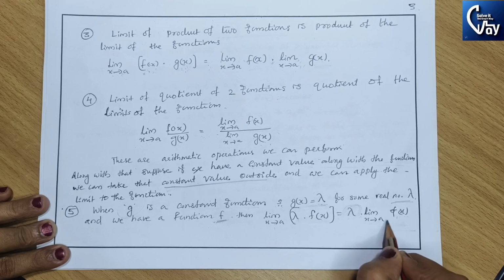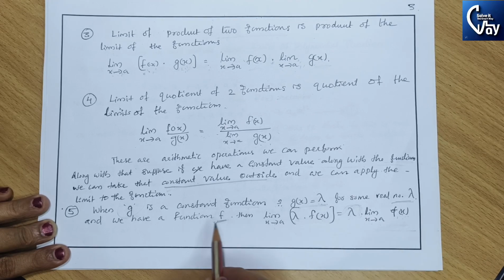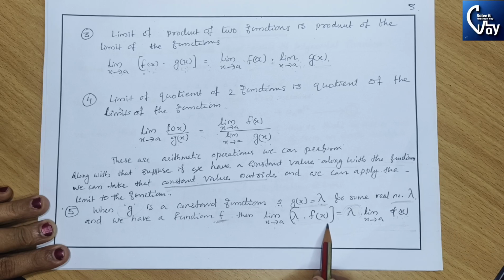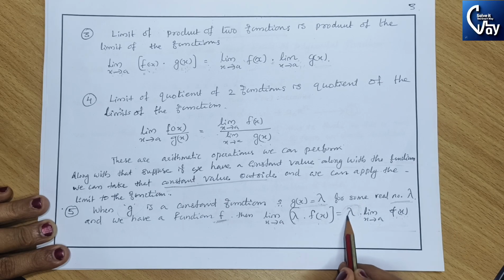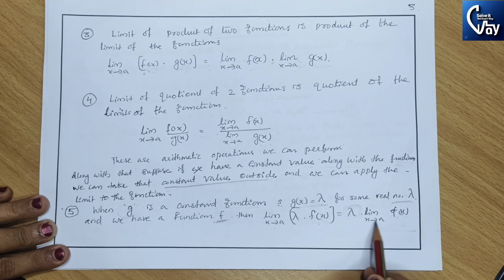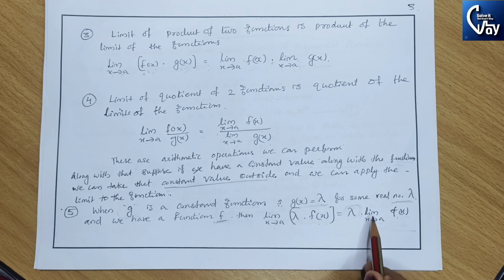Along with the function, we can take the constant outside and then apply the limit to the function. Is it clear? Thank you.